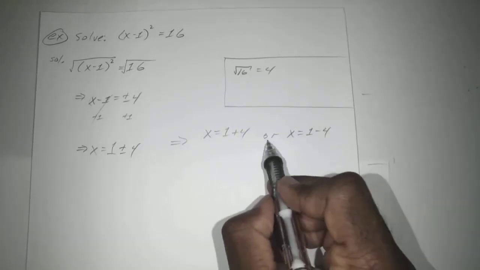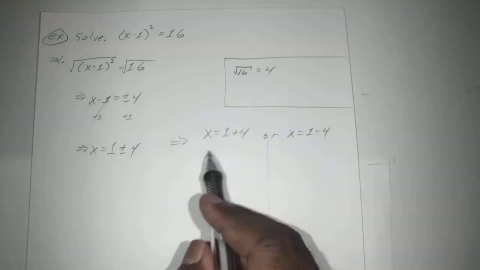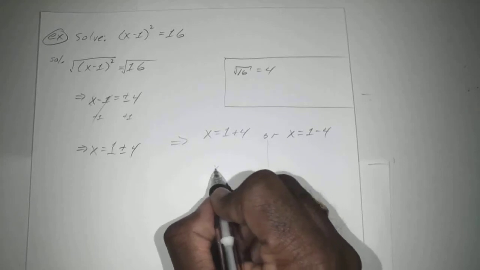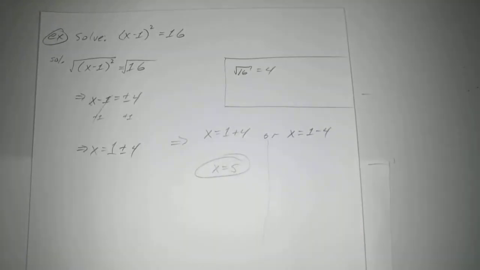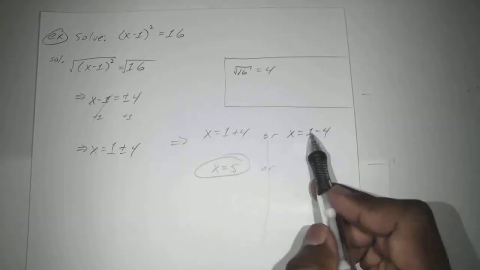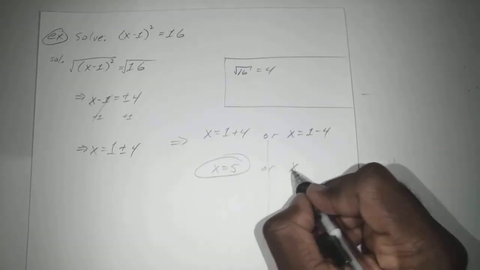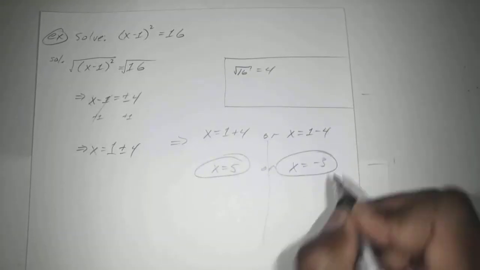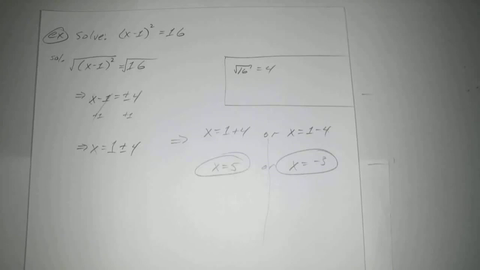Okay, so for this one, draw a little separator there. X equals 1 plus 4 just means that x equals 5. Or x equals 1 minus 4 means x is equal to negative 3. Okay, so either one of those will make that problem true.